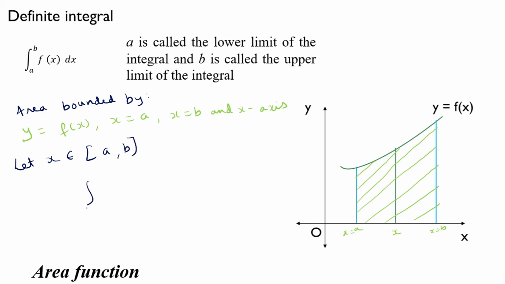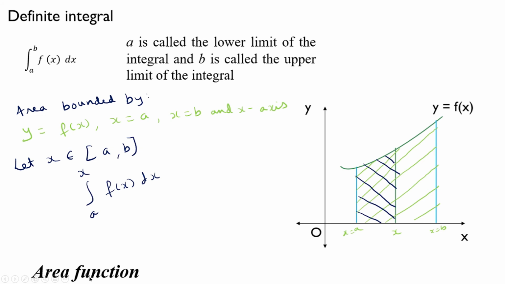Then integral a to x f of x dx is the area which is bounded by this part. Here we can see that the area of this region depends on the value of x.